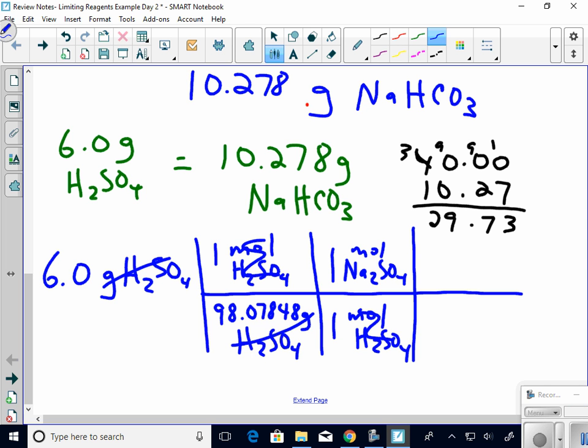I need to go back to mass. 142.04214 grams of sodium sulfate is 1 mole of sodium sulfate.